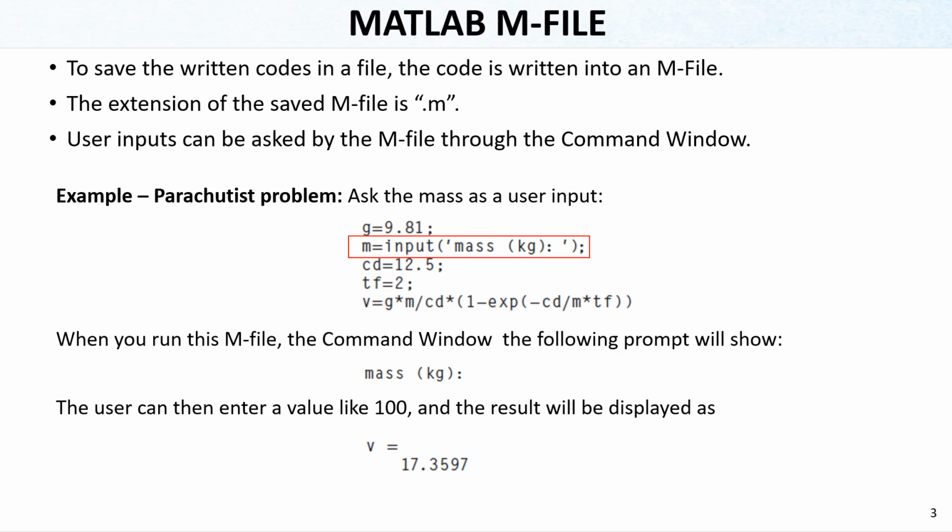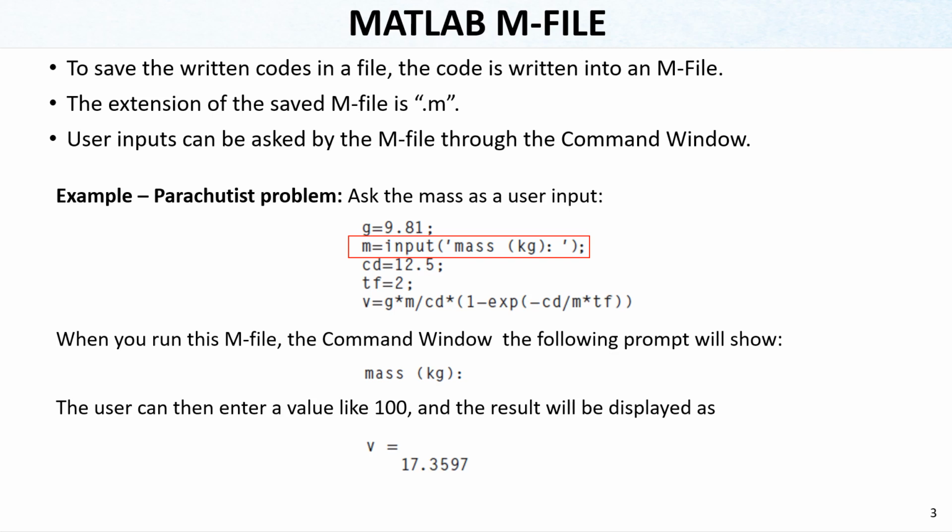When you run the M file, it's a separate window from the command window. When you run it, you will see this statement because we inputted it as mass kilogram, we wanted MATLAB to show it, and MATLAB shows this.